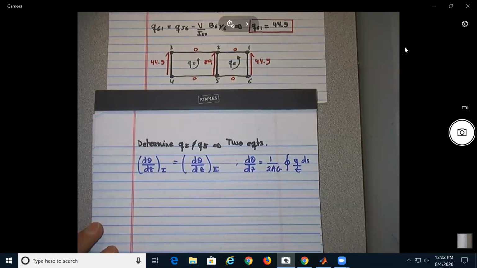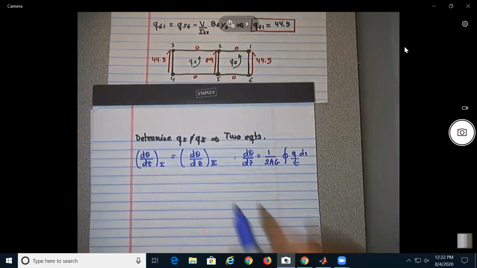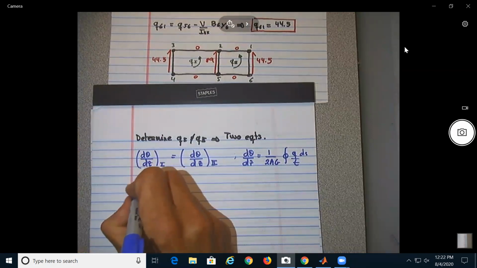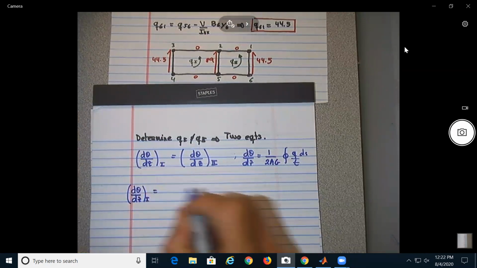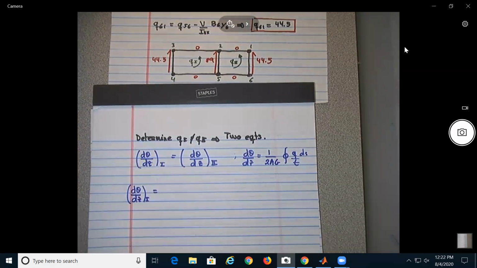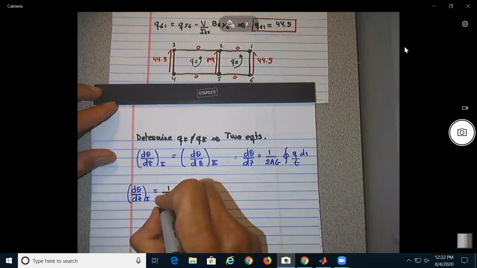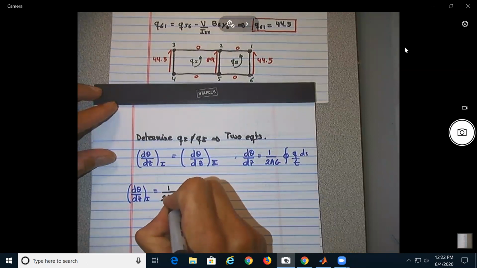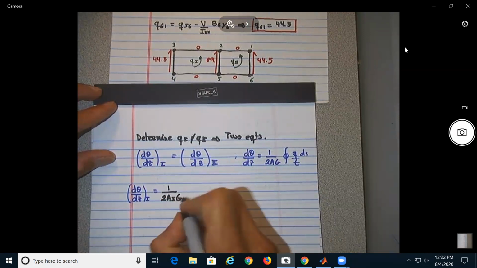All right, so let's do the first one. Let's do d theta dz1. So this will give you the first equation, okay? So this one will be equal to what? We know it's 1 over 2A, the area of the first cell, G, everything the same material.